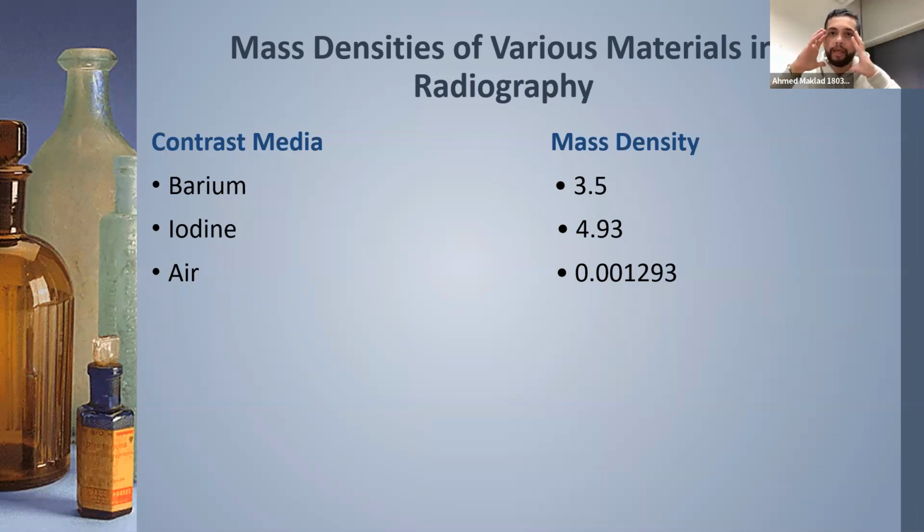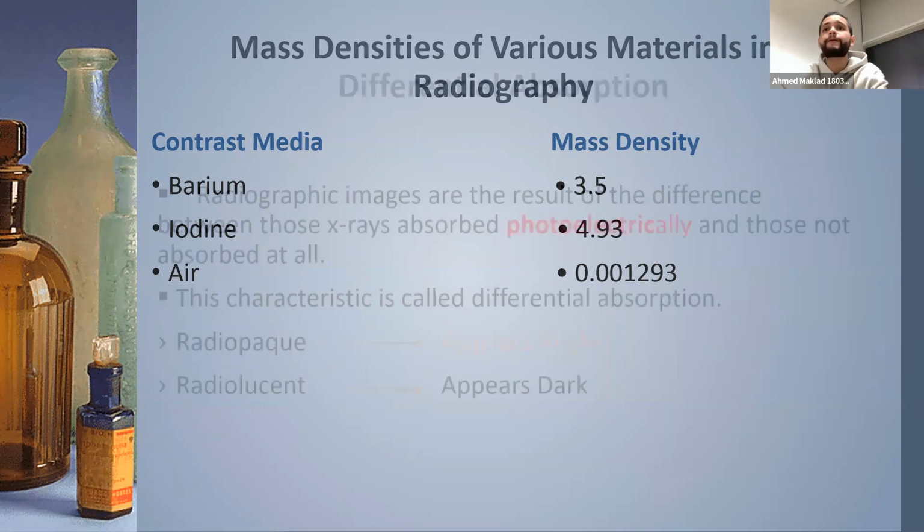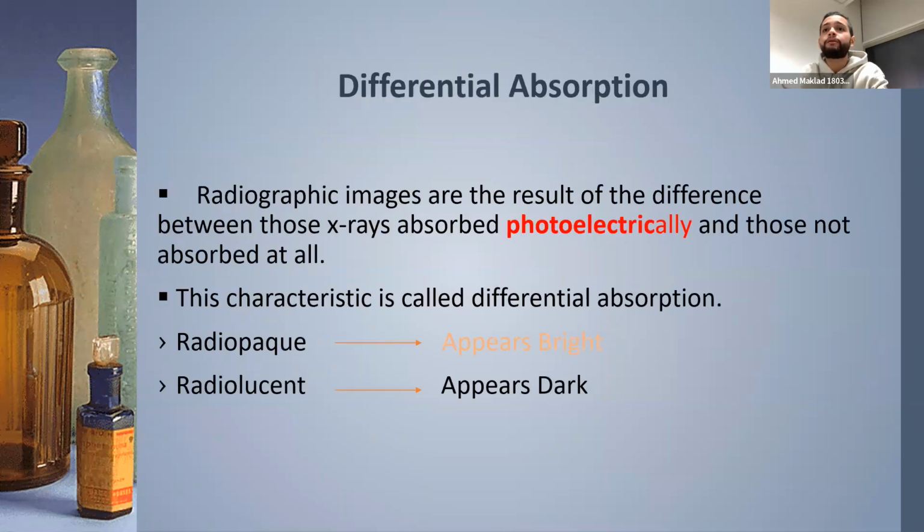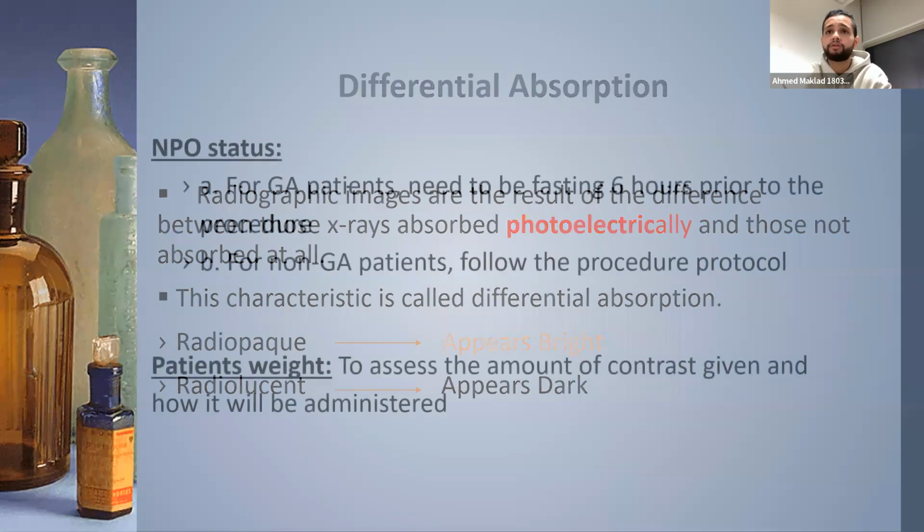They are so white on imaging. It's called differential absorption. Differential absorption is basically how the heart absorbs the X-rays differently from the lungs, differently from the bones, differently from the contrast. Nothing really here to explain.